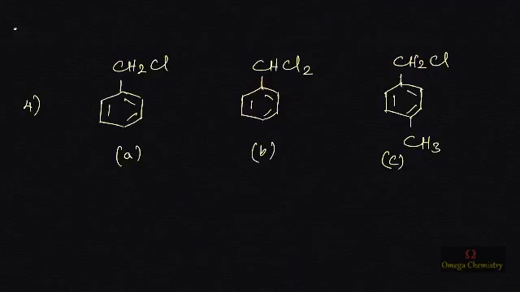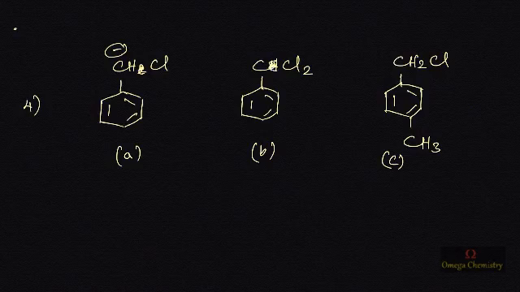Now let us look at the fourth case. Here I have chlorine substituted toluene and a dichloro, or two chlorine atom, substituted compound, and there is a methyl substitution at the para position in compound C. Again, hypothetically, we will consider that after the removal of this hydrogen, this species is going to be generated as a carbanion, which is an intermediate.